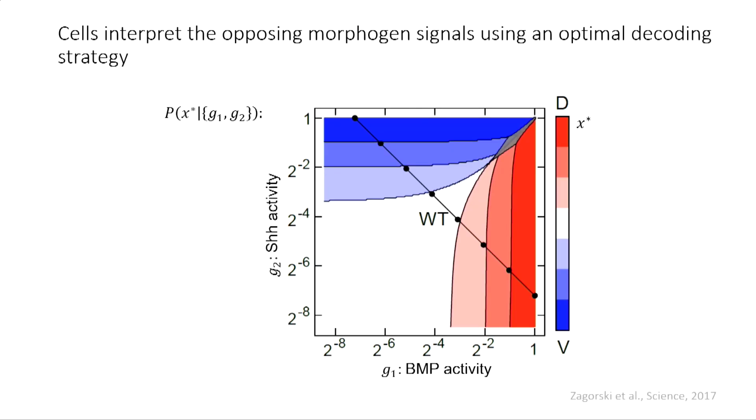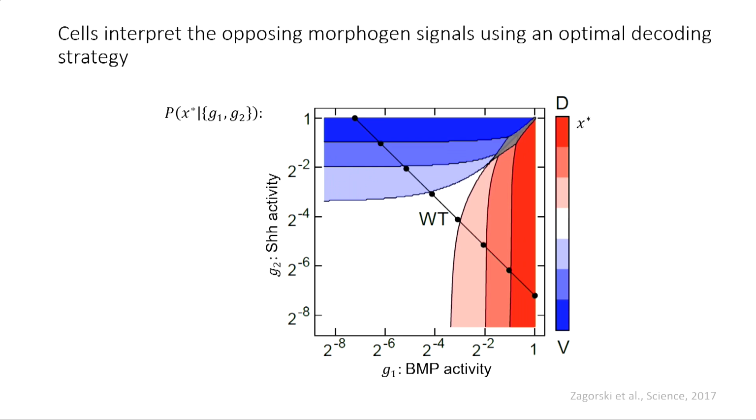So we apply that to these profiles that I showed you, the early time point. And what we see here is that the cell fate is decoded using the color map, with red corresponding to dorsal fates, white to intermediate, and blue to the ventral fates. And this black line corresponds to the concentration of the wild type.